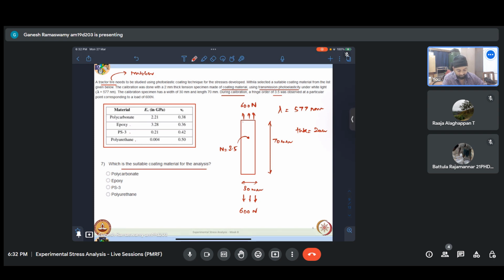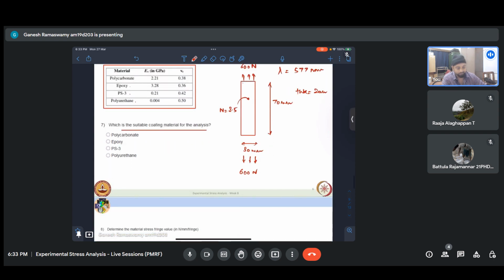If we were to have the Young's modulus of the coating material comparable with the rubber, it would lead to reinforcement effects. So for the first three, the reinforcement effect would be significant.